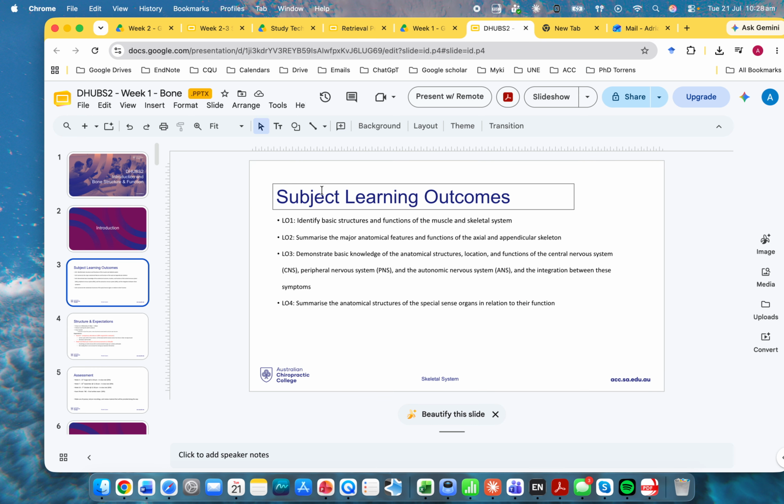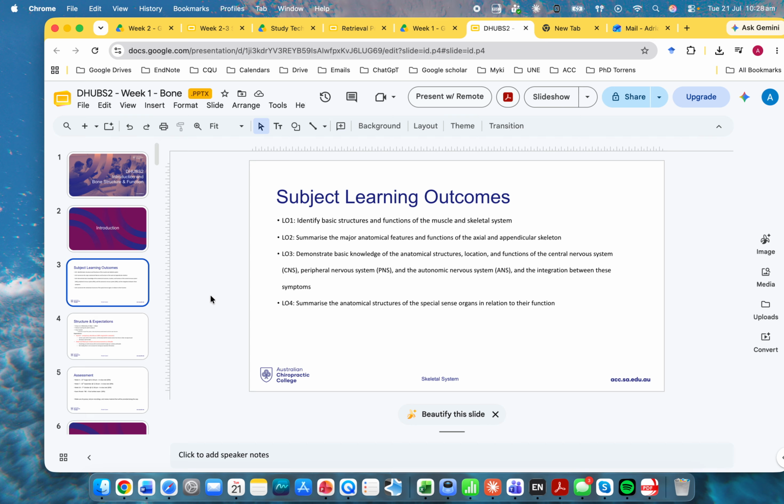The subject learning outcomes. Now, these are different than the lesson objectives. These list what all of the outcomes are for the whole of the 13 weeks of study. And so for D-Hubs 2, there are four. Identify basic structures and functions in the muscle and skeletal system, summarise the anatomical features and functions of the axial and appendicular skeleton, and so on.